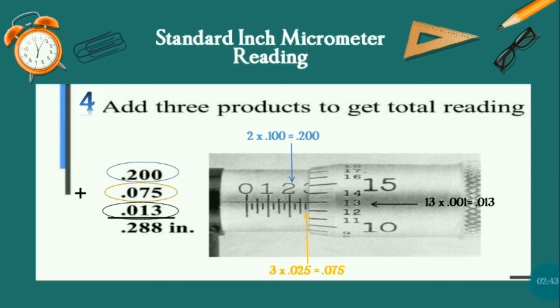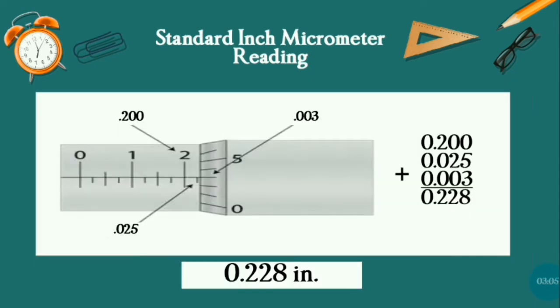Next, 0.013. So the total micrometer reading is equal to 0.288 inches, or what we call 288,000ths of an inch. Very good.